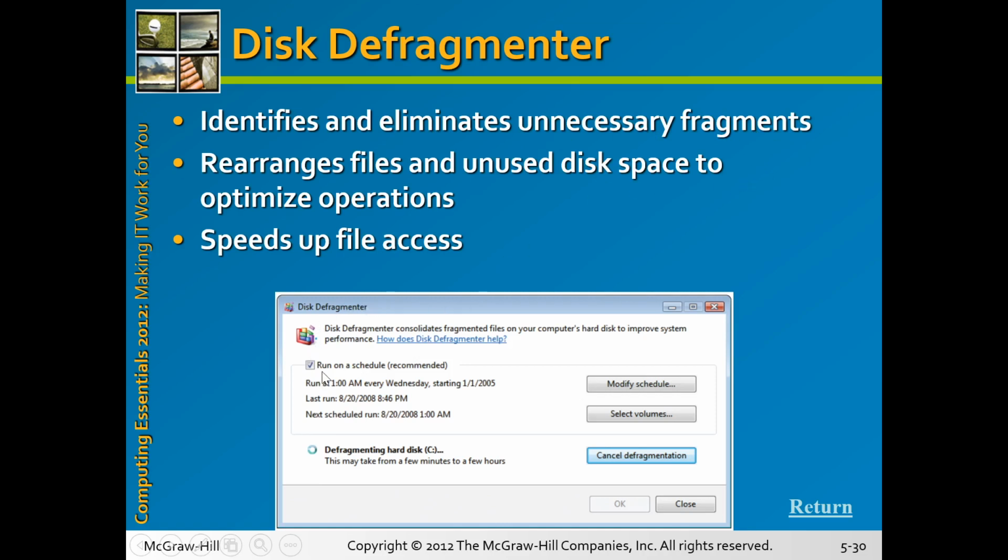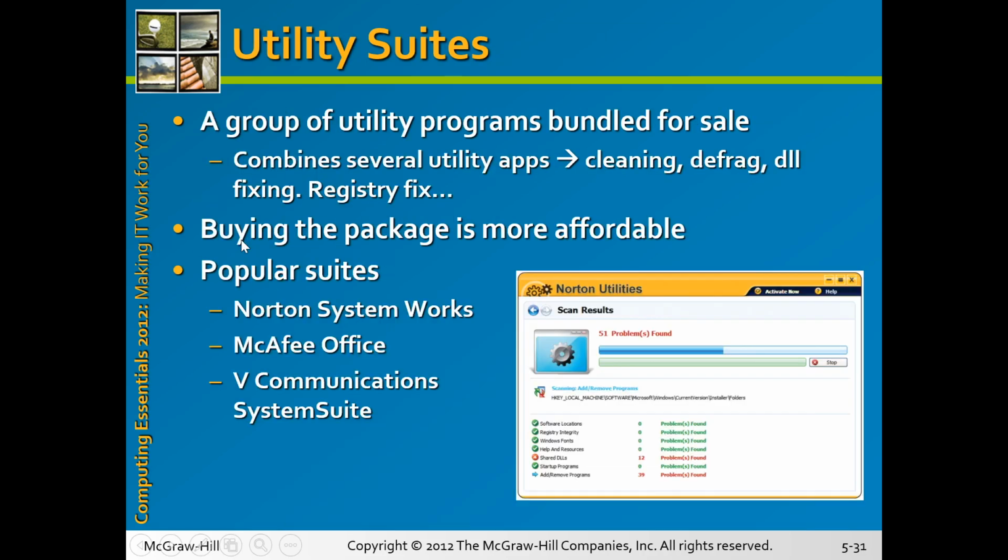It may have left footprints, meaning metadata related to that file that is not used anymore but is just left there. The defragmenter rearranges the files and unused disk space in order to optimize the operation. At the end, we are speeding up file access, as I mentioned.